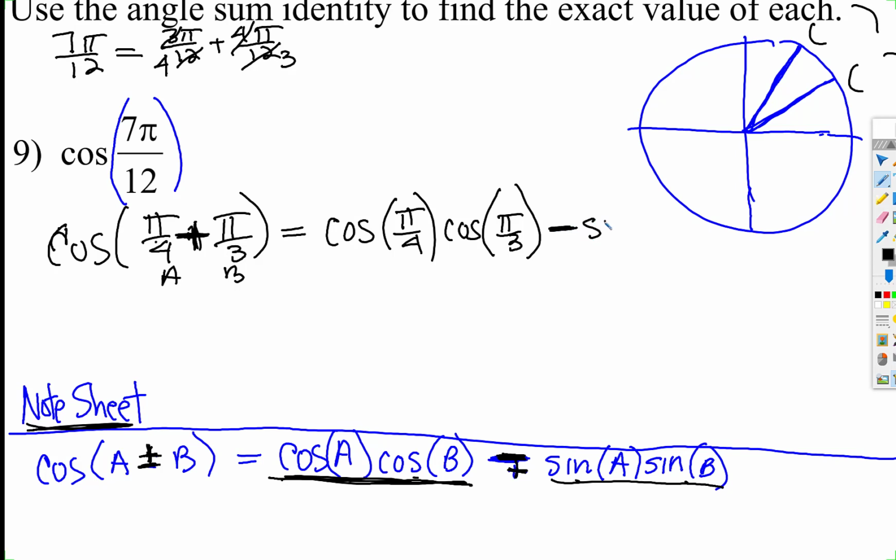And now we have sine of the A, which is pi fourths, and sine of B, which is pi thirds, which is cool because none of these are negative signs. So at pi fourths, these are both root 2 over 2, positive, and at pi thirds, cosine is 1/2, sine is root 3 over 2.